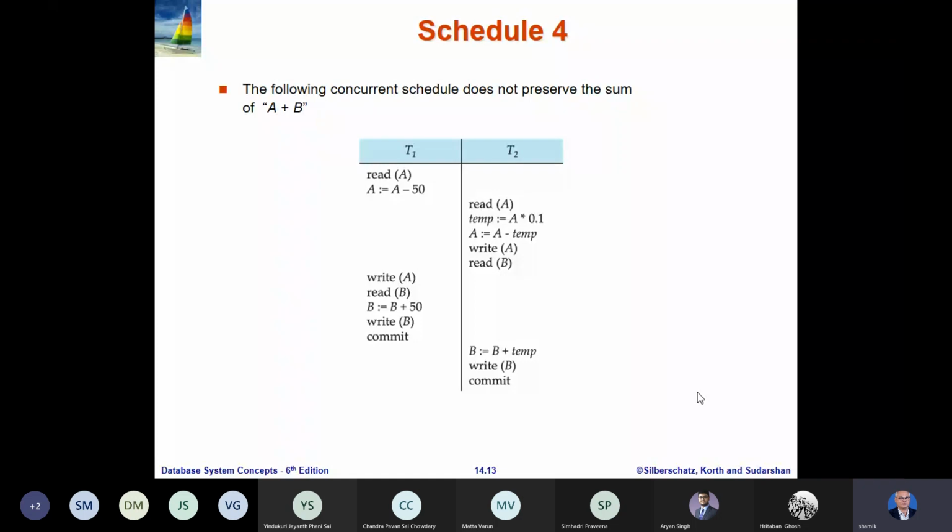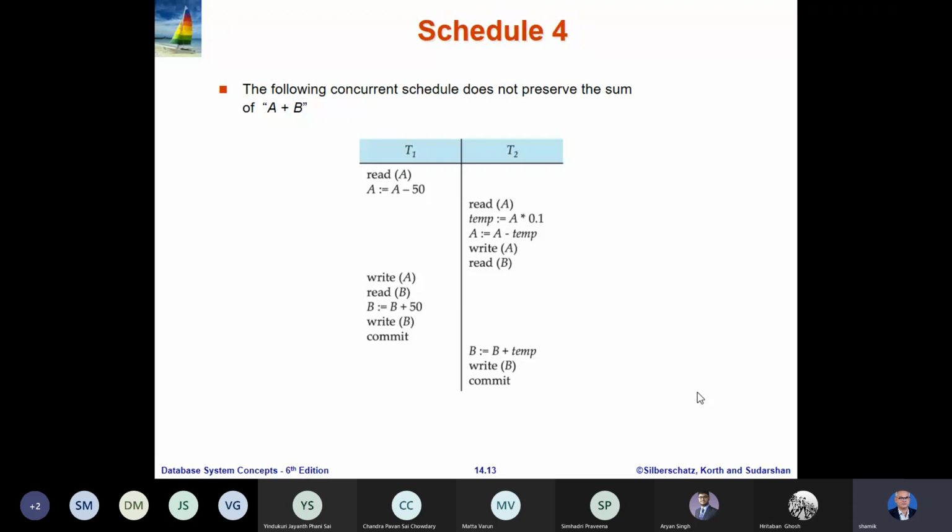But if we allow this type of concurrent execution of transactions forming such a schedule 4, then it does not preserve the property of isolation. If these transactions were executed in isolation, not concurrently, first T1 then T2 or T2 then T1, you would never end up getting the values of A and B that you would get if you allow such a schedule to be formed.